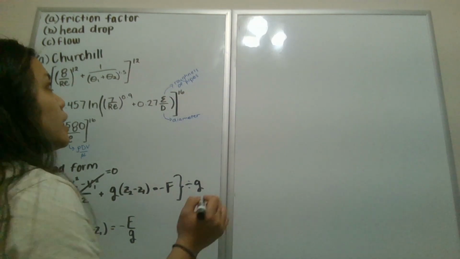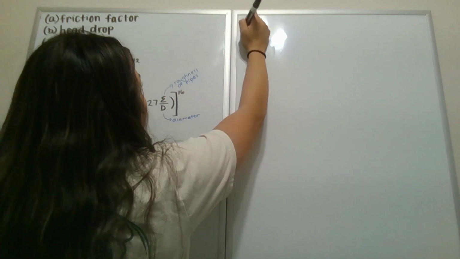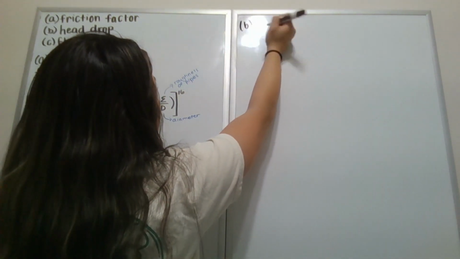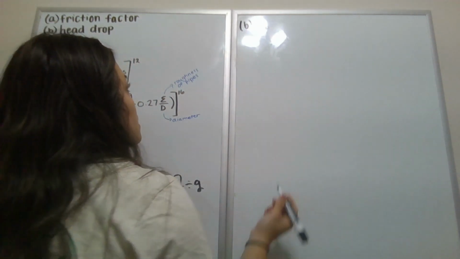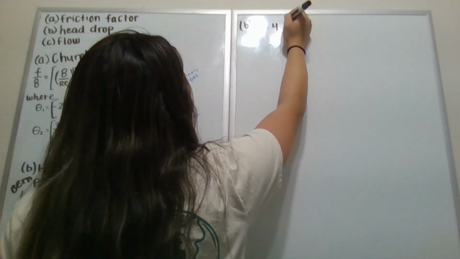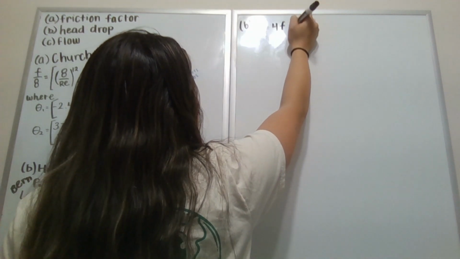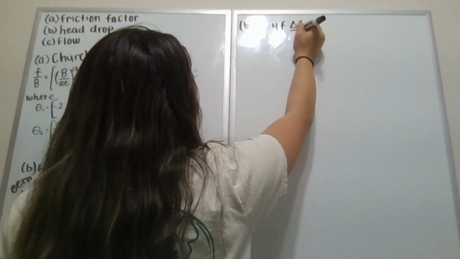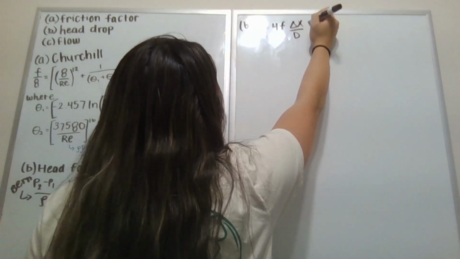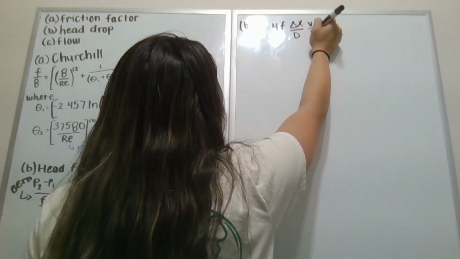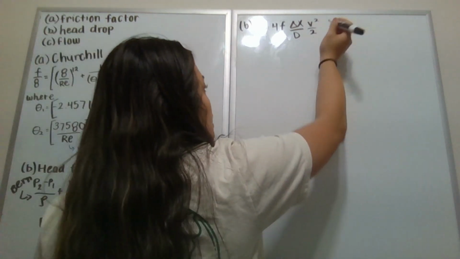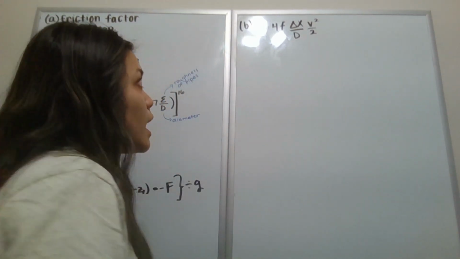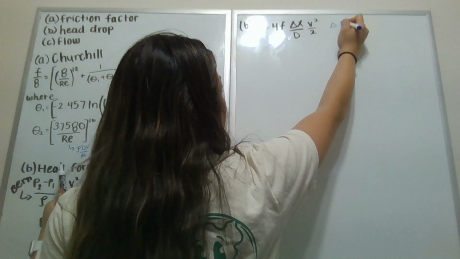If we remember, frictional heating is equal to 4 times the friction factor times a change in x divided by diameter times the velocity squared divided by 2. This was derived in a previous equation of ours. The change in x is just going to be equal to the length.